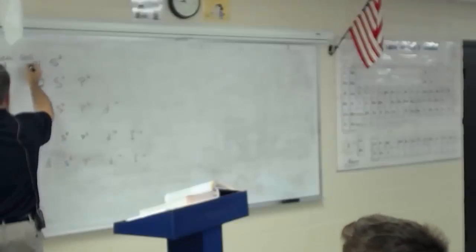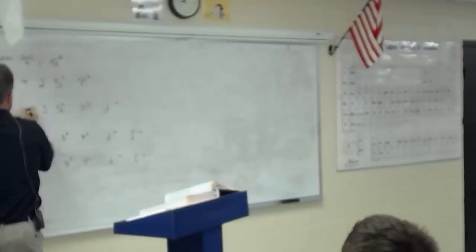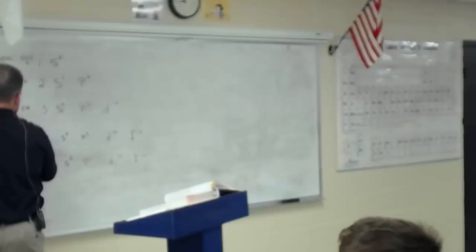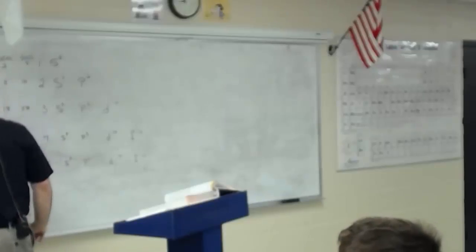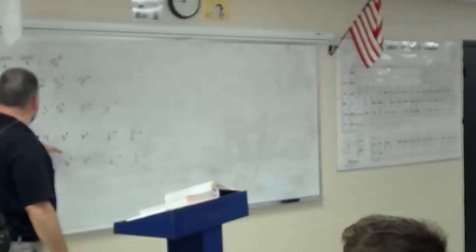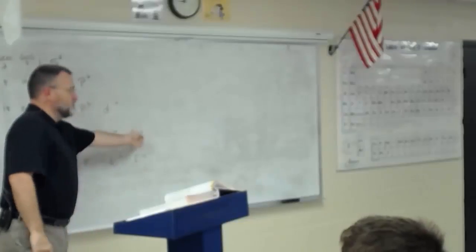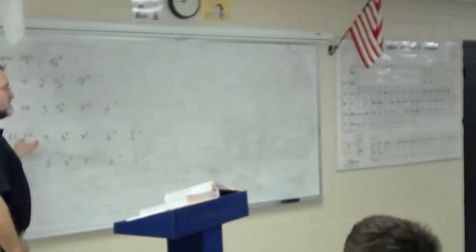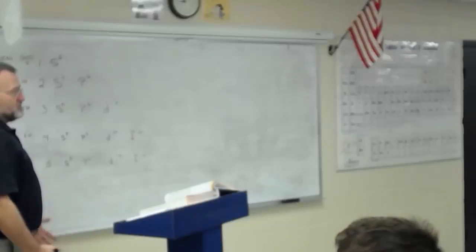Well, 2 plus 8 is 10, plus 18 is 28, plus 32 is 60. Okay? So once we get to 4f14, we have accounted for up to 60 electrons.